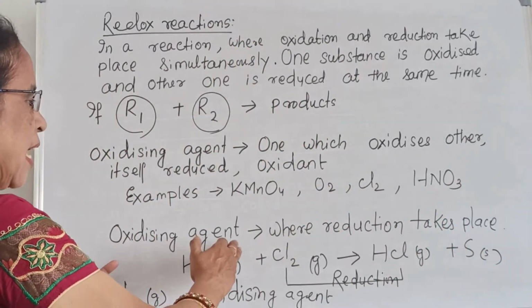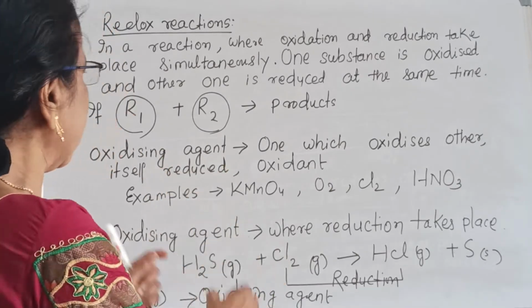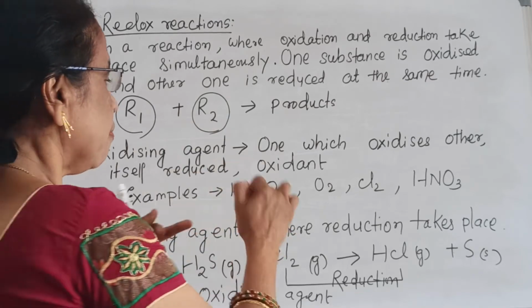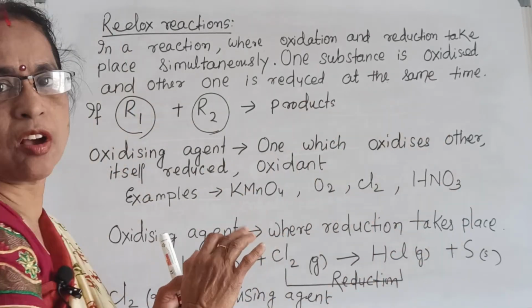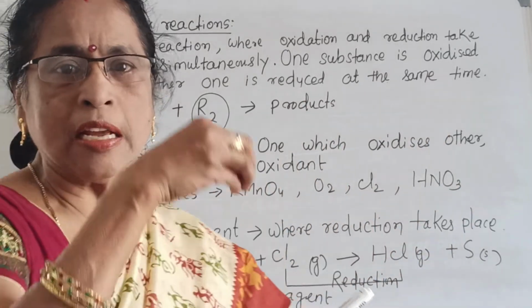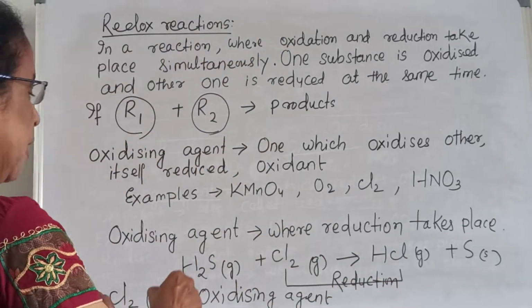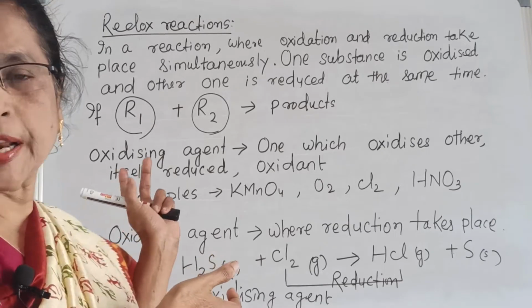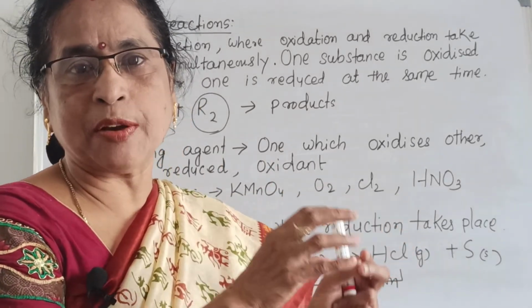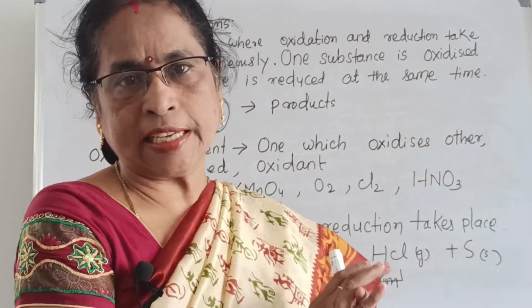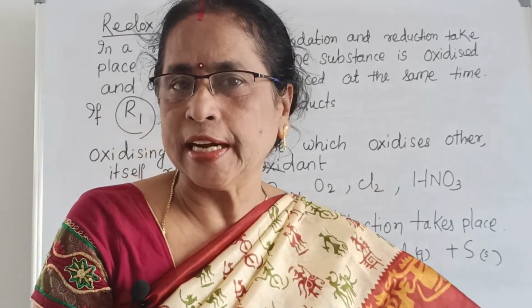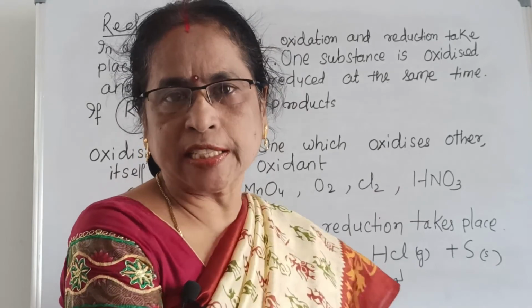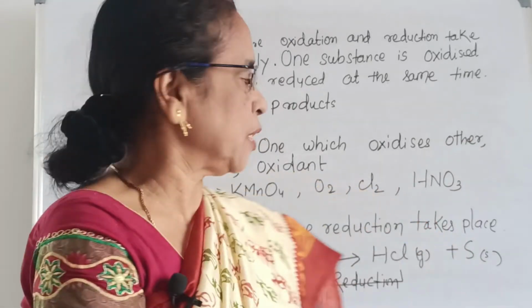Now, let it be an oxidizing agent. Then how can you say? Oxidizing agent is one where reduction takes place. I have not yet explained reducing agent, so I will only say which one is the oxidizing agent. After completing reducing agent, in a reaction we will see which one acts as oxidizing agent and which as reducing agent.